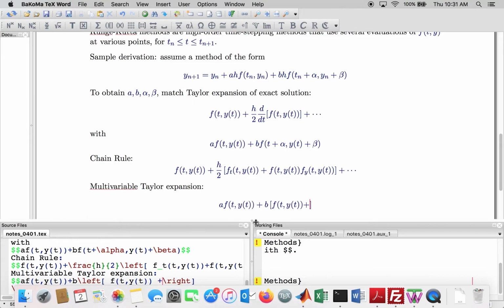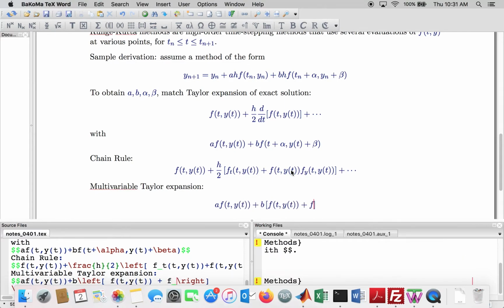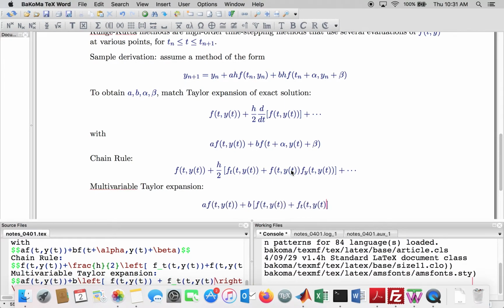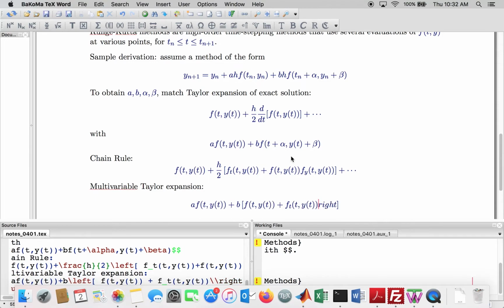The next term, now normally in Taylor expansion, I have the value of f, and then I have plus value of a derivative of f times the difference in arguments. But this is multivariable Taylor expansion. I have to take both partial derivatives into account. So that's going to be ft of t, y of t times the difference between this argument and t, which is just alpha.